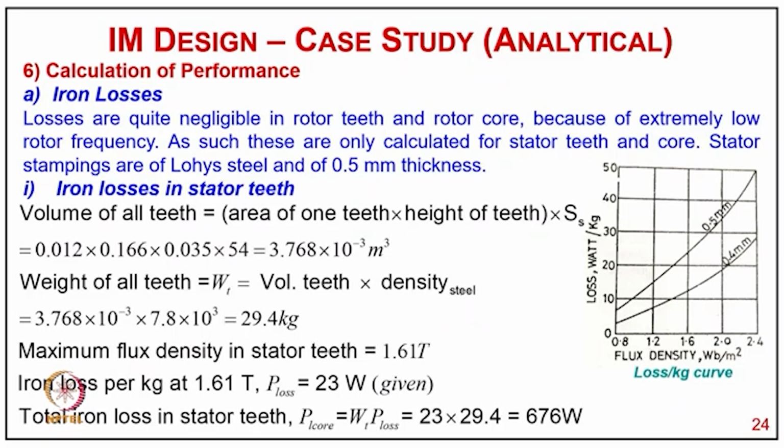Corresponding to this characteristic of loss in watt per kg, we get a specific iron loss at 1.61 Tesla, P loss equal to 23 watt per kg, and the total iron loss will be PLT equal to the weight times P loss, that is 29.4 times 23, so it comes to 676 watt in the stator teeth.